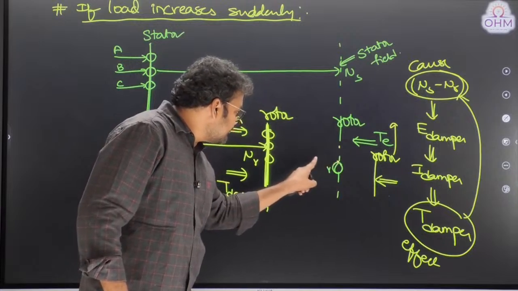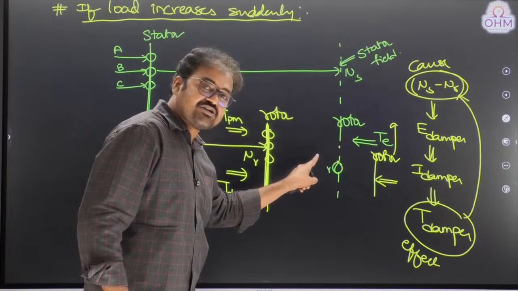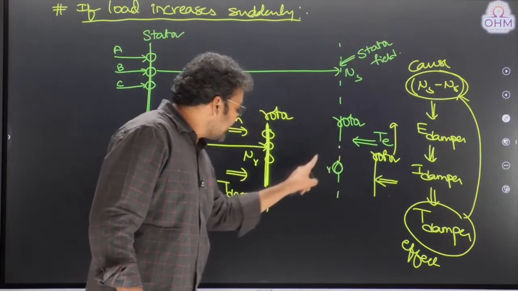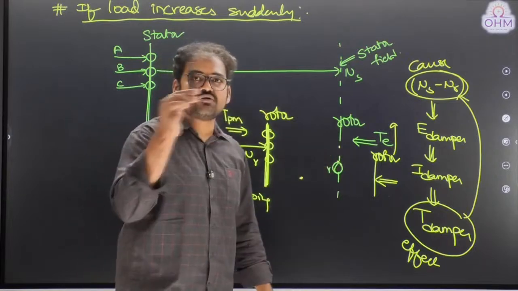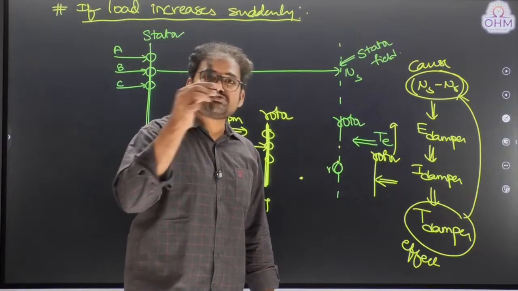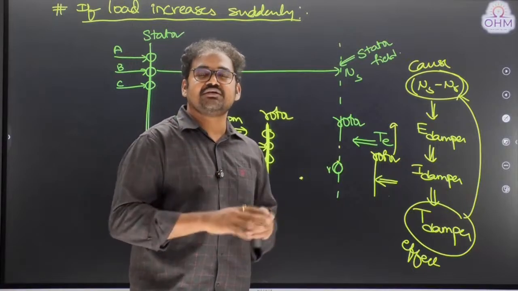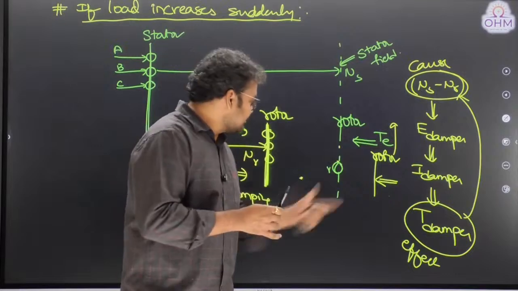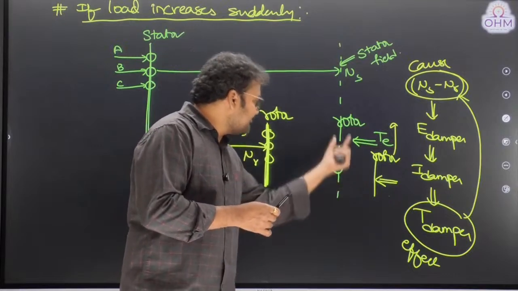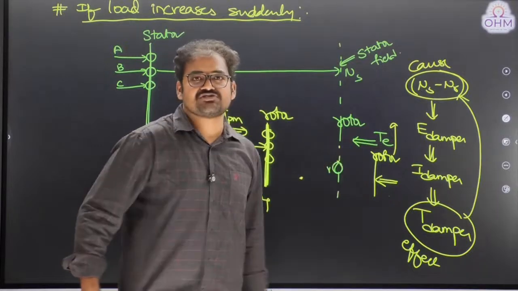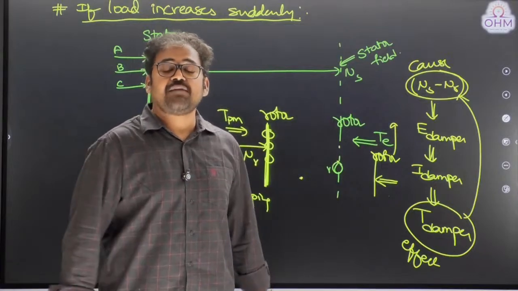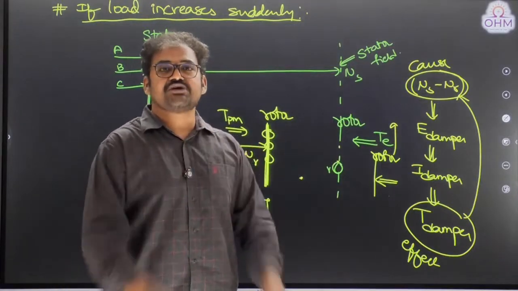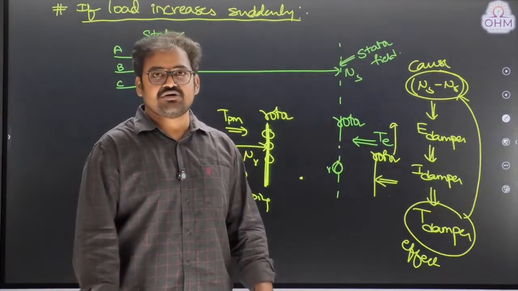It will come below synchronous speed because of inertia, and again above synchronous speed, again below, above. This is what? Swing, rotor swing. The rotor will oscillate around synchronous speed. Finally, after some time, the swings become 0 and the rotor will find a steady state exactly at synchronous speed. This is how the damper winding helps to reduce the hunting phenomenon in a synchronous machine.